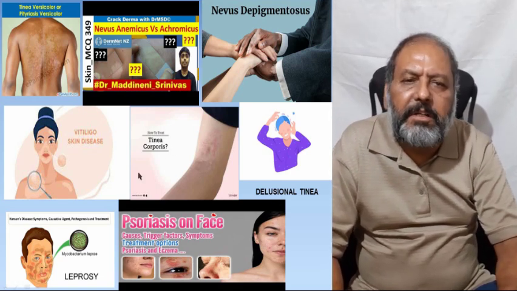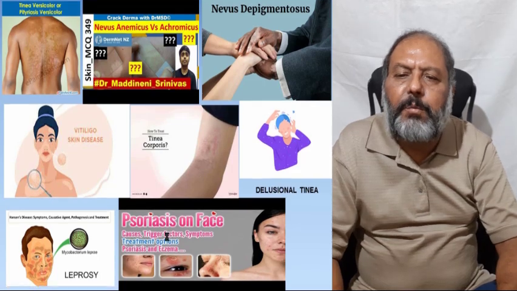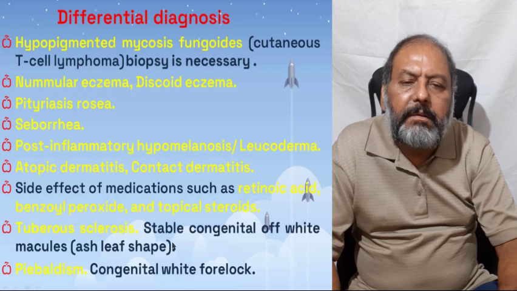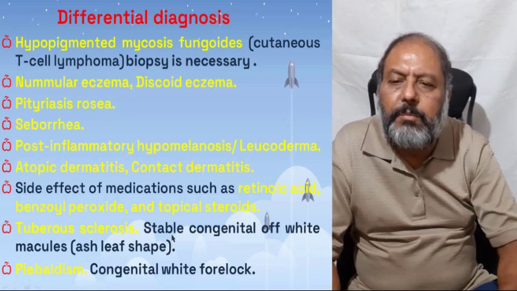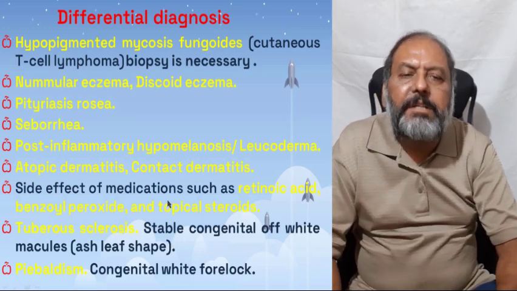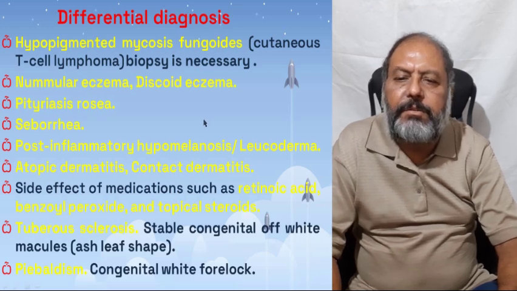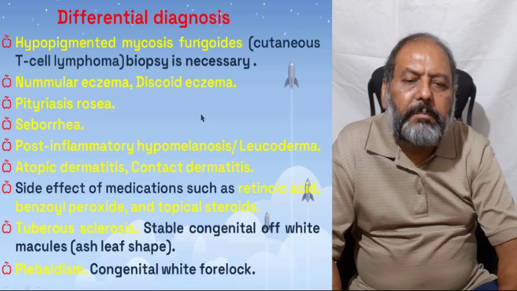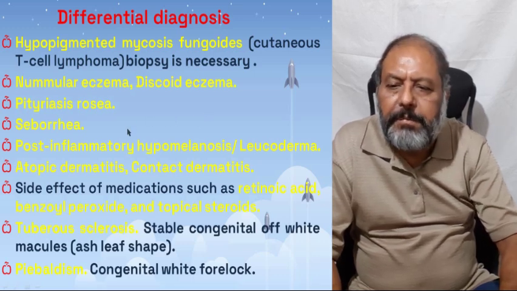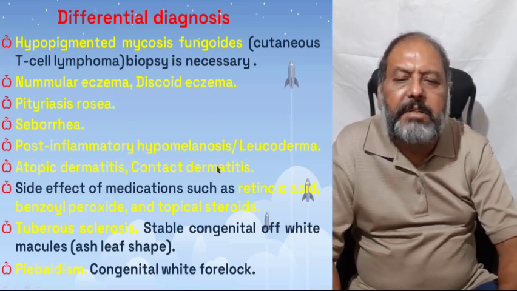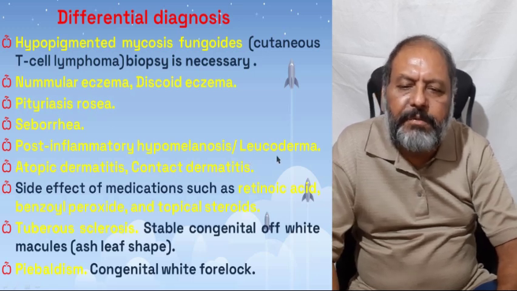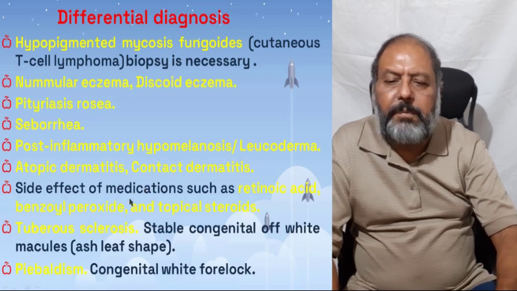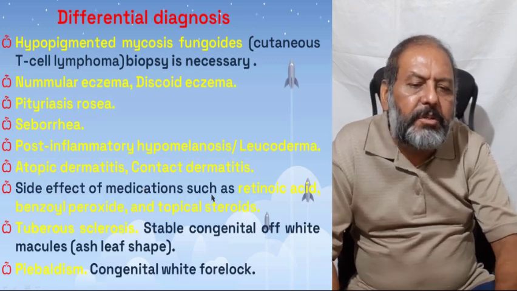Continuing the differential diagnosis: hypopigmented mycosis fungoides, cutaneous T-cell lymphoma, for which biopsy is necessary; nummular eczema, discoid eczema, pityriasis rosea, seborrhea, post-inflammatory hypomelanosis, leukoderma, atopic dermatitis, contact dermatitis, and side effects of certain medications such as retinoids, benzoyl peroxide, and topical steroids.